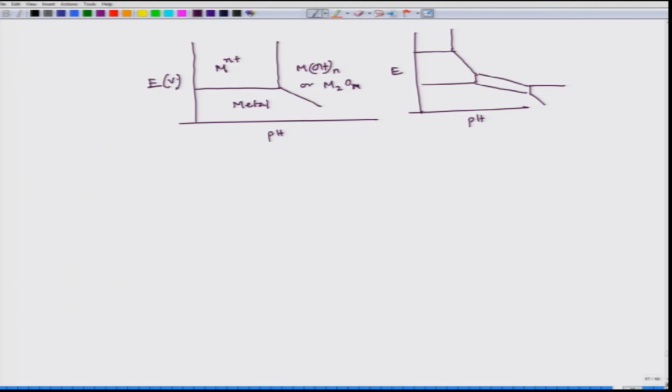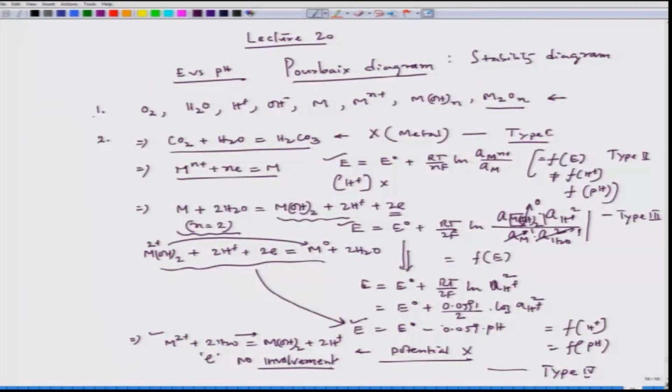Now, as I have told you, first, many species are considered depending on the possibility of formation of this species or this species, and the possibility of having dissolved oxygen or being deaerated. And then the second part was that we can have 4 types of reactions, but mainly we are considering type 3 to type 4.